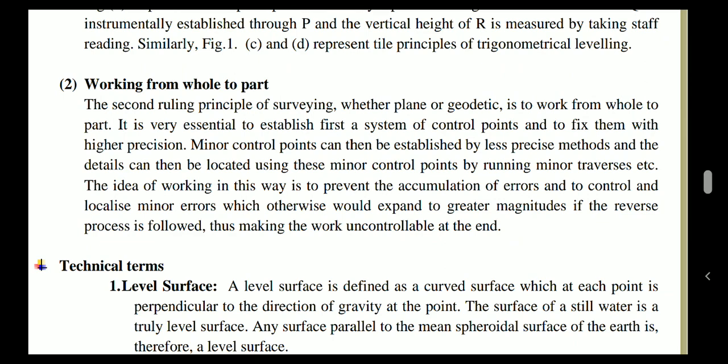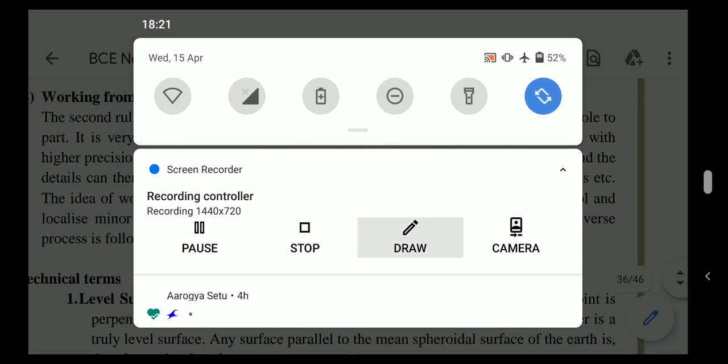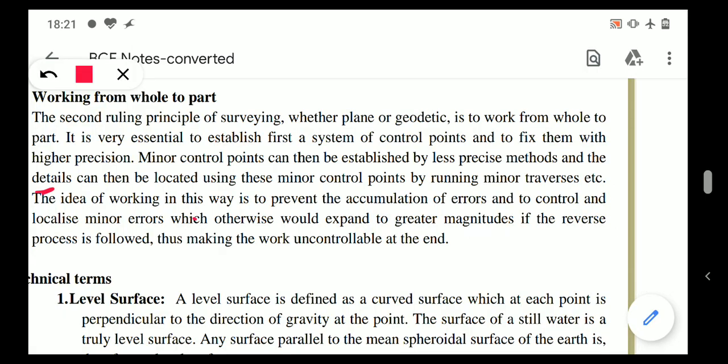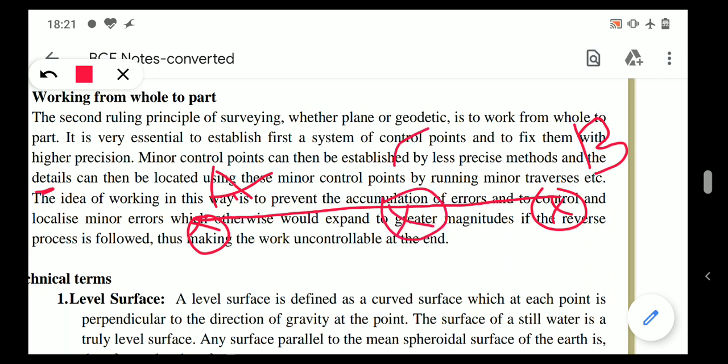I will give an example. For example, we can plot here one point A, here another point B, and another major control point C. We would locate A, C, B, the major control points, with the help of electronic digital measurement equipment. Let the distance between A and C be 1 kilometer, then C to B is 1 kilometer.